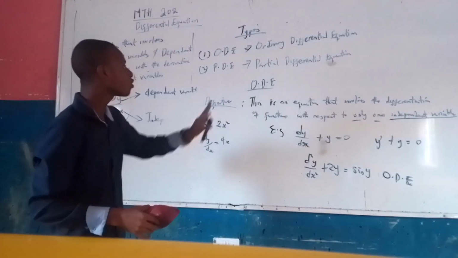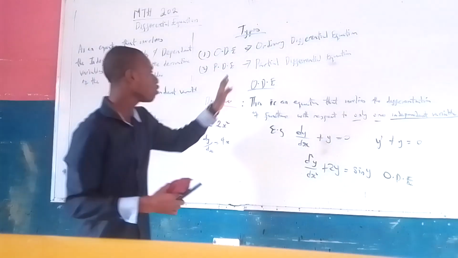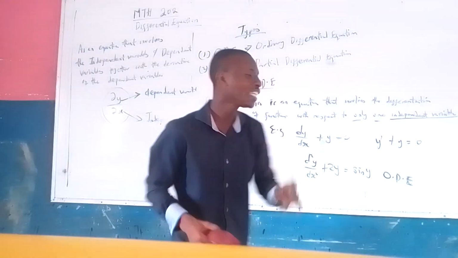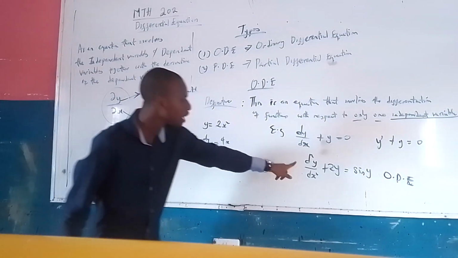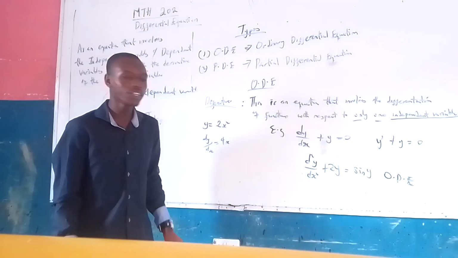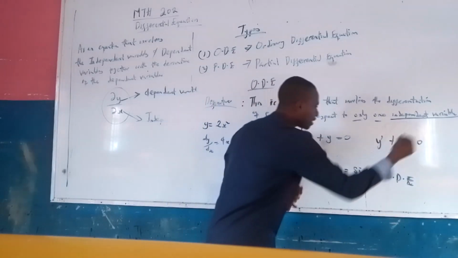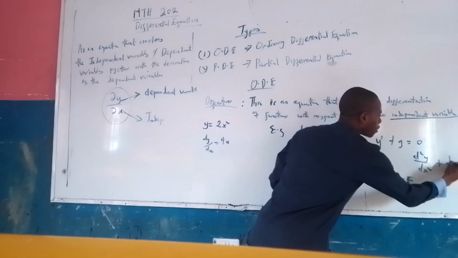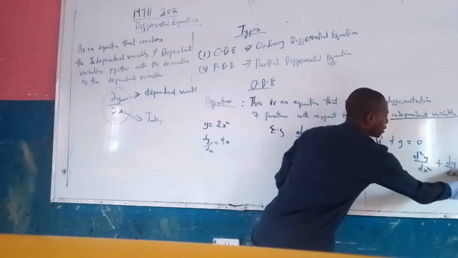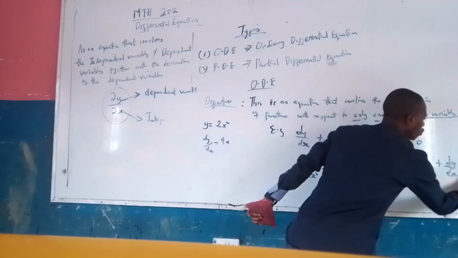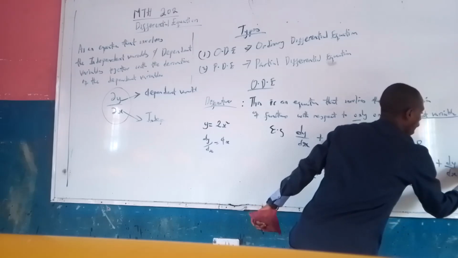Now, let's talk about PDE. We said ODE is an equation that involves differentiation of a function with respect to only one independent variable. You will notice that my d is this, and I'm using a single independent variable. In fact, I can write it like this again: d squared y/dx squared plus dy/dx is equal to 0, or I can say it's equal to sine y.